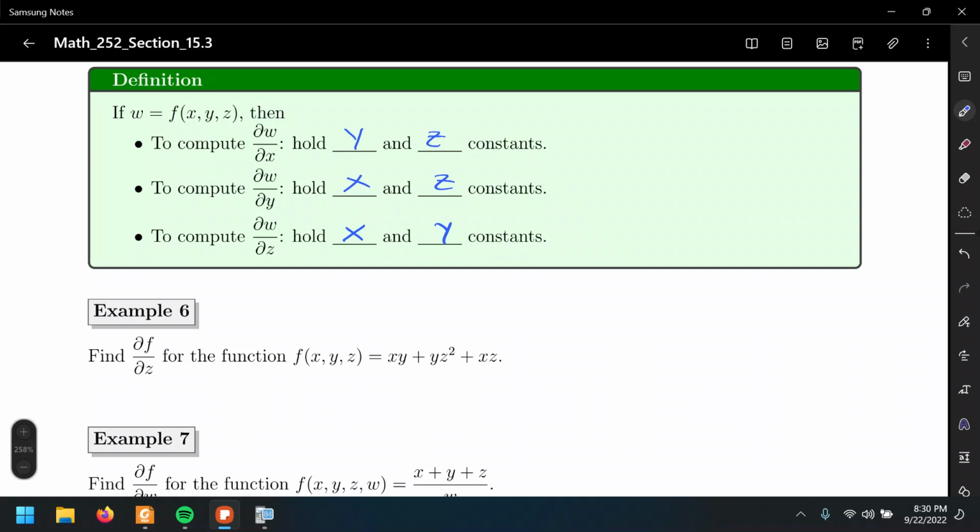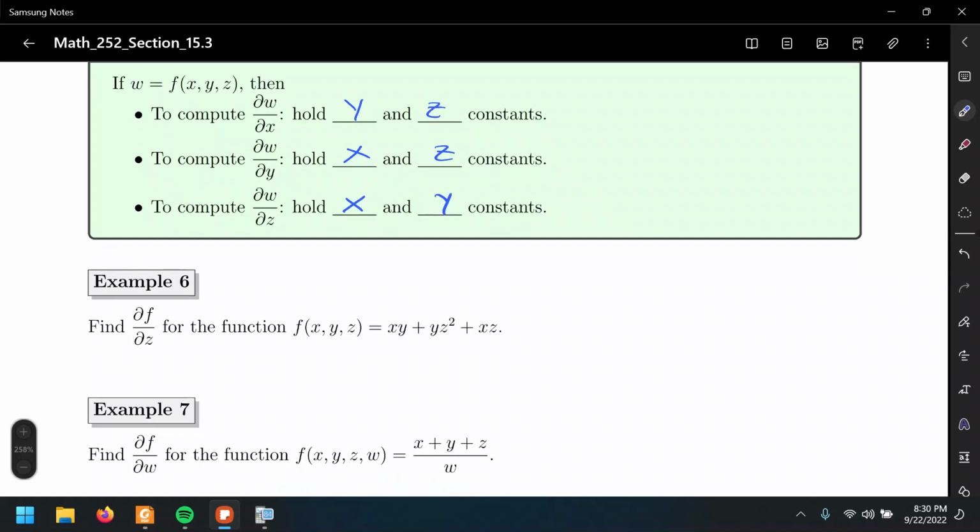Okay, so for this function, f of x, y, z equals xy plus yz squared plus xz, notice in this case they're only asking us for the partial derivative with respect to z, not the remaining two. So for the partial derivative with respect to z, everything else is constant. The derivative with respect to z for the first term is 0.